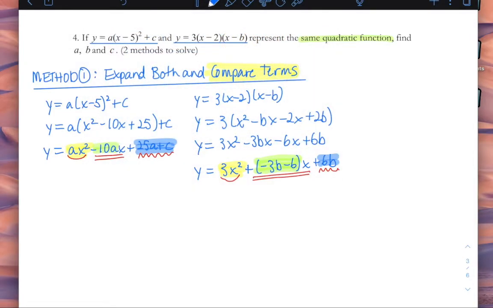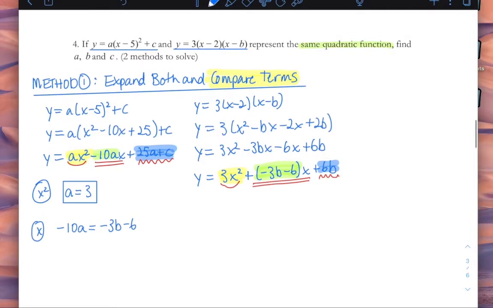Okay. From the x squared set of terms, I can see that a and 3 need to be equal. This is our first one, and it's pretty straightforward that a has to be 3 in order for ax squared to be equal to 3x squared. Let's look at our x terms now. If I equate the things in green here, I'm going to see that 10a equals negative 3b minus 6.